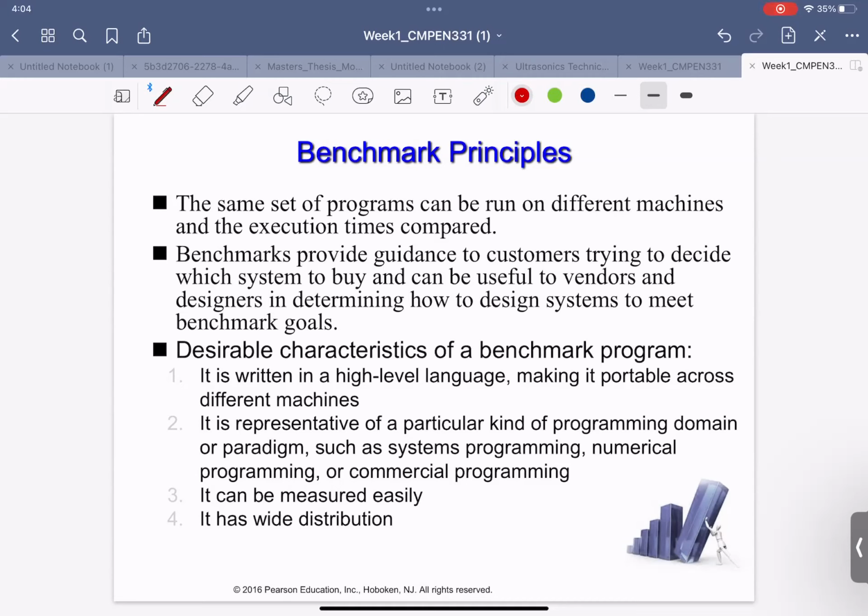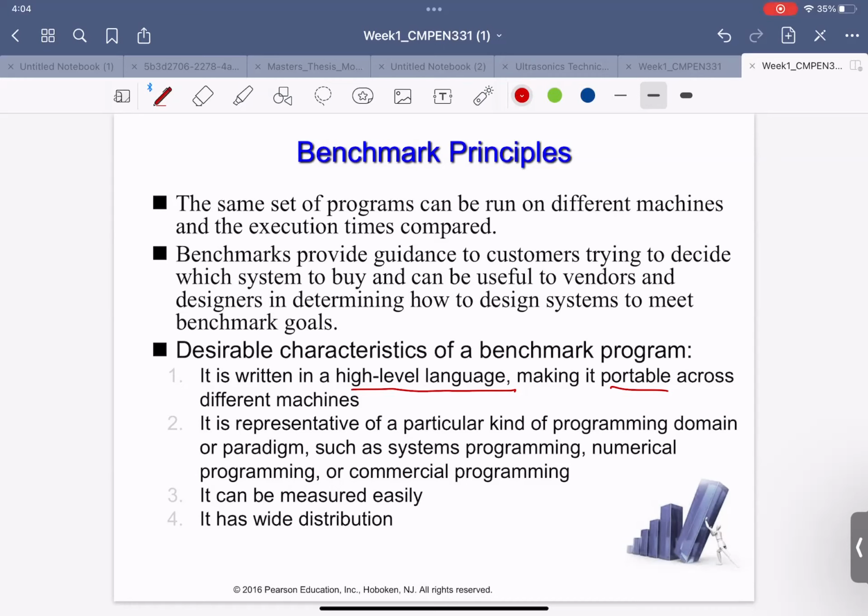For instance, it needs to be written in a high level language, which will make it portable across different machines. Why is that? Because I can't write this in assembly for a certain particular processor, which would be optimized for that processor and not optimized for another processor. And this will not be fair. So I wouldn't be able to write an assembly for a certain particular company, which will not be the same as for the other company.